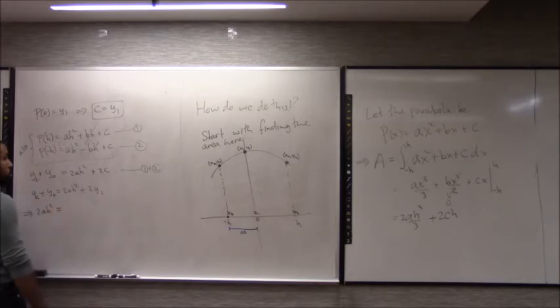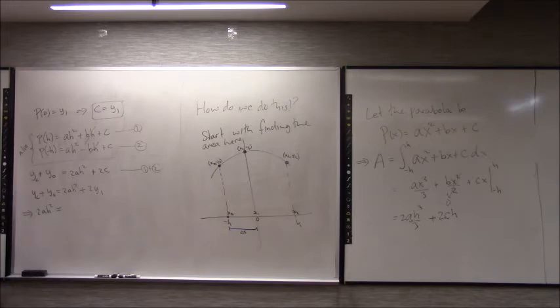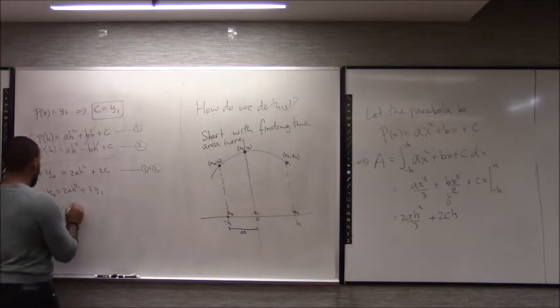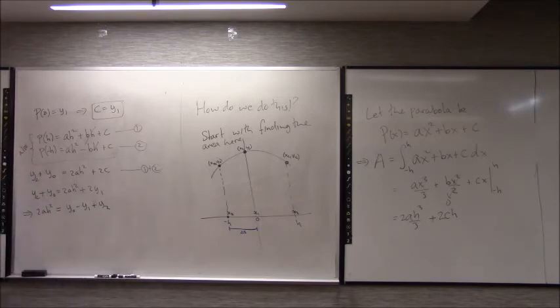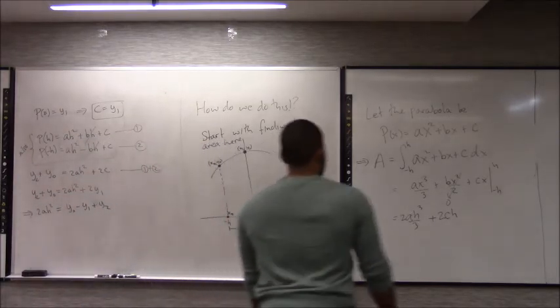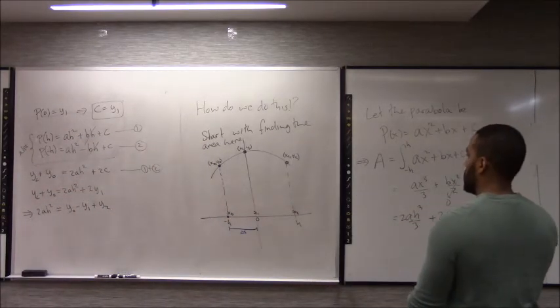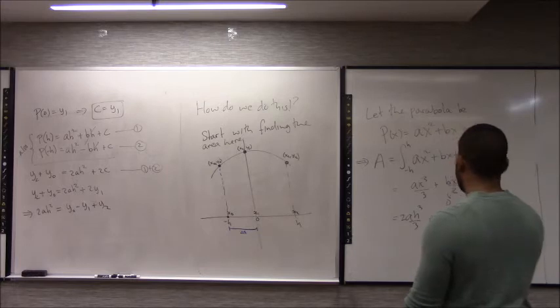That is going to be equal to, well, I'm going to subtract this, so that's going to be y0 minus 2y1 plus y2. We're getting everything here? So I know 2ah squared is that, and I know that my c is actually y1.